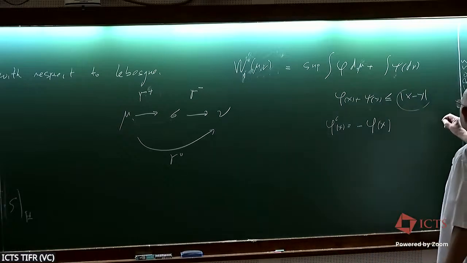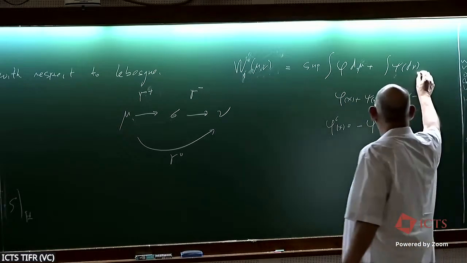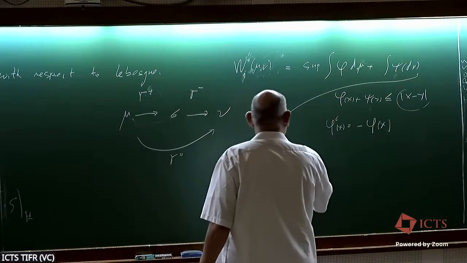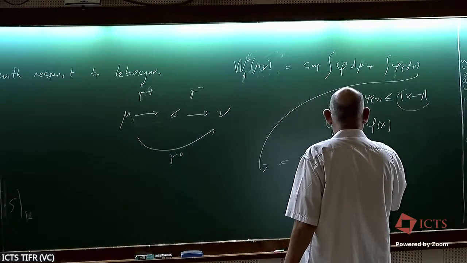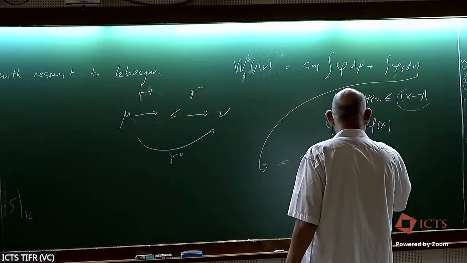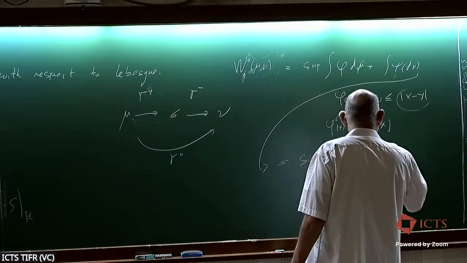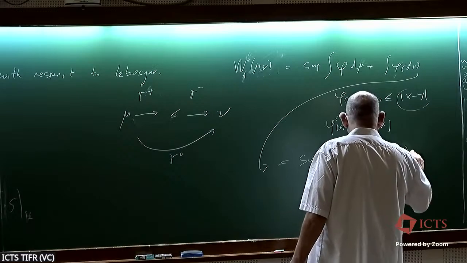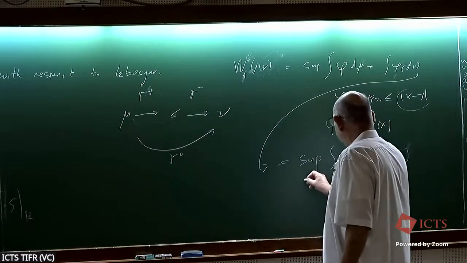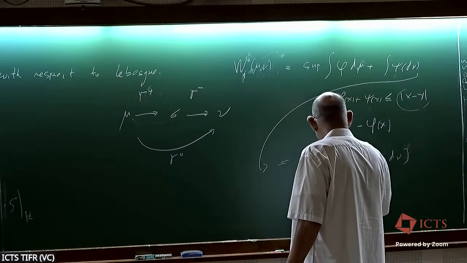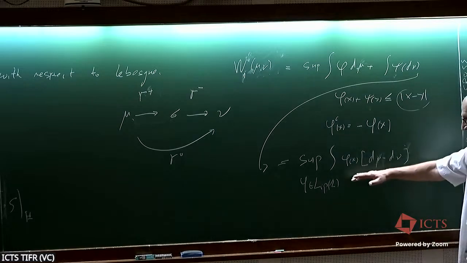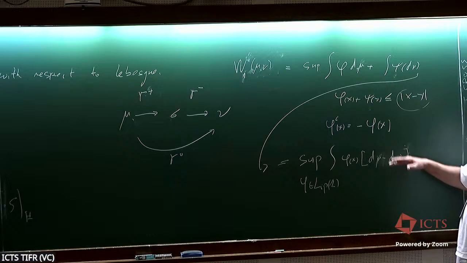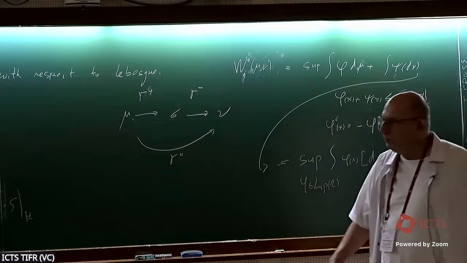So in this case, we have just the supremum of the integral of phi times d mu minus d nu, where the supremum is over all functions phi in Lip 1, all functions with Lipschitz constant 1. So this is a very elegant and very useful representation of the Wasserstein-1 metric.